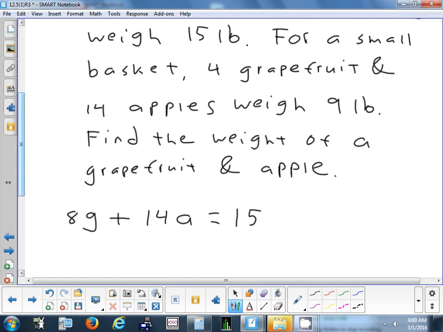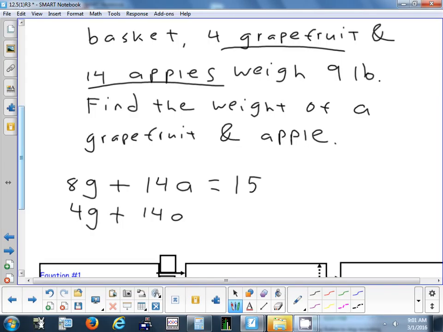All right, so now what's my second equation? 4 grapefruit plus 14 apples. How would you write that? 4 grapefruit, yep, plus 14 apples adds up to how much weight? 9 pounds. Perfect, okay? Here's our 2 equations.